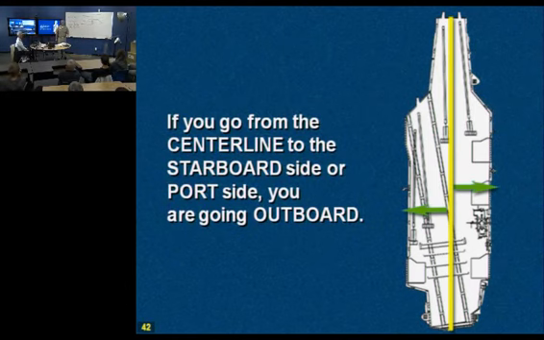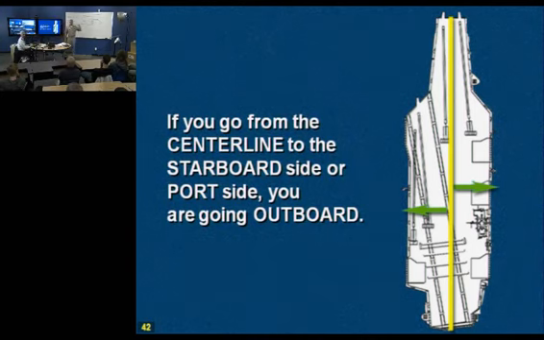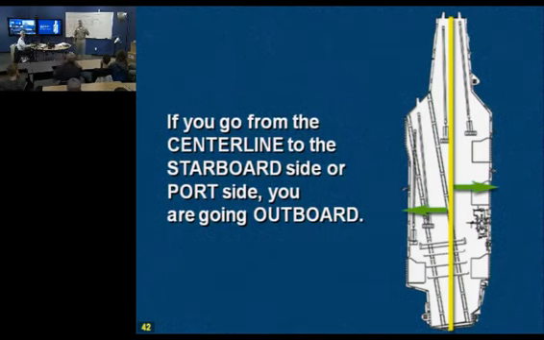Have I lost anybody? So if you're going inboard, if you're on the inside of the ship, how can you tell when you've passed the center line? Well, one way for sure you can tell is if you get wet from the ocean, you've gone too far the other way. But there are numbering systems on the ship, addresses, that will tell you the deck, the compartment, and how many doors from centerline that compartment is.